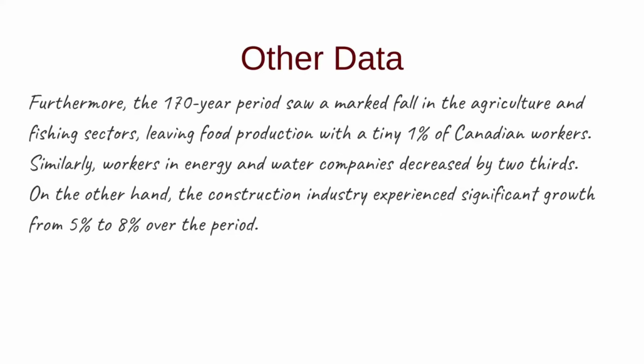Furthermore, the 170-year period saw a marked fall in the agriculture and fishing sectors, leaving food production with a tiny 1% of Canadian workers. Similarly, workers in energy and water companies decreased by 2/3. On the other hand, the construction industry experienced significant growth from 5% to 8% over the period.